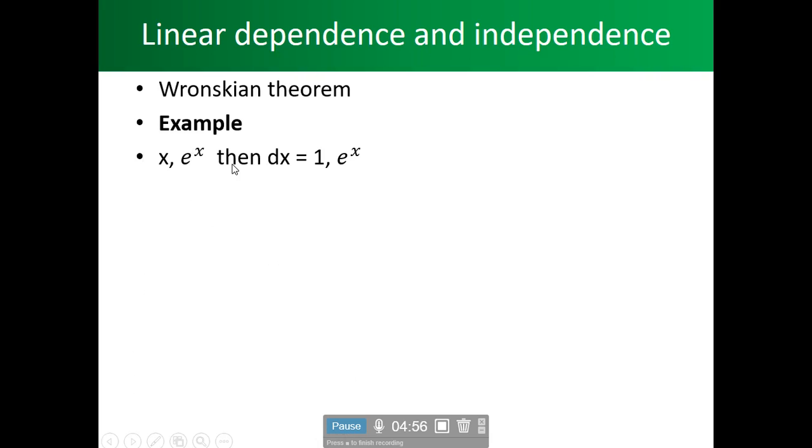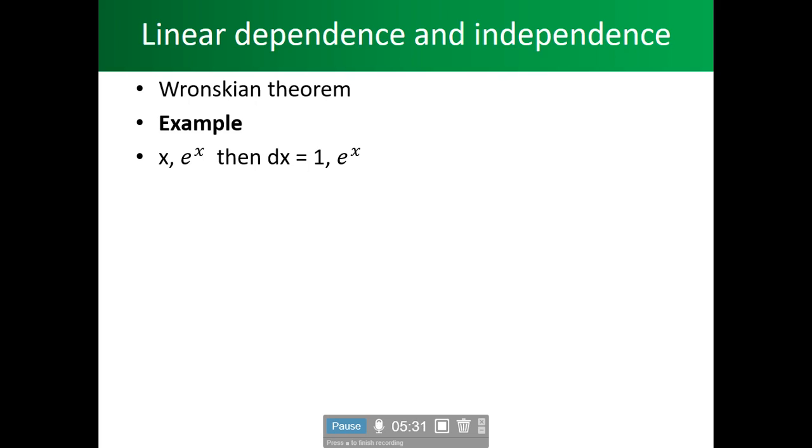Basically, what this theorem says is that we're trying to find out how we can solve for our solutions, or how we can determine, depending on how many equations we have.